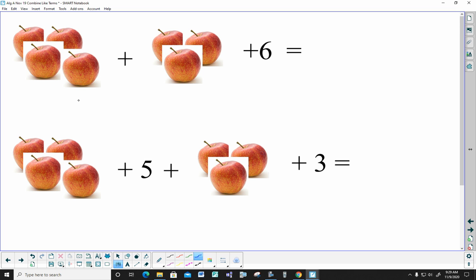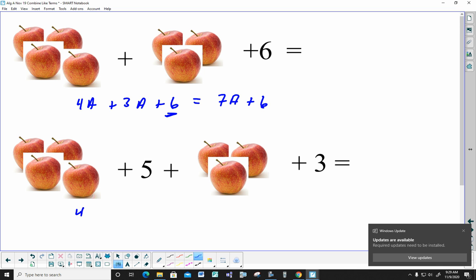This would be 4A plus 3A plus 6. The 6 can't combine with these things because it doesn't have an A with it. It just becomes 7A plus 6.